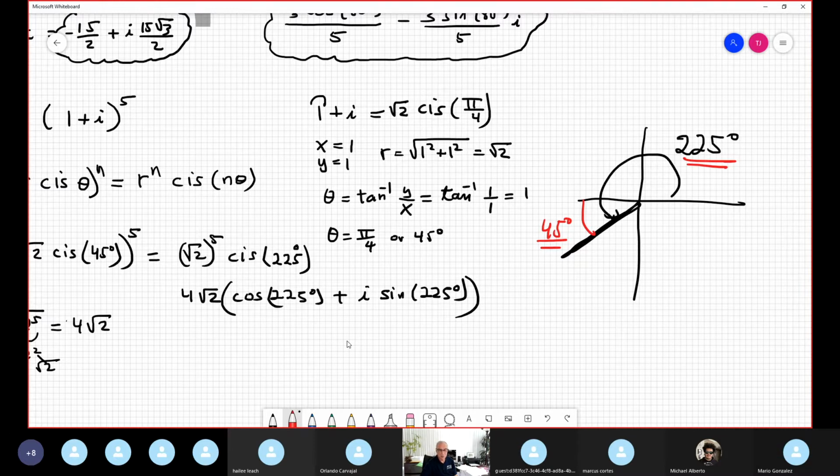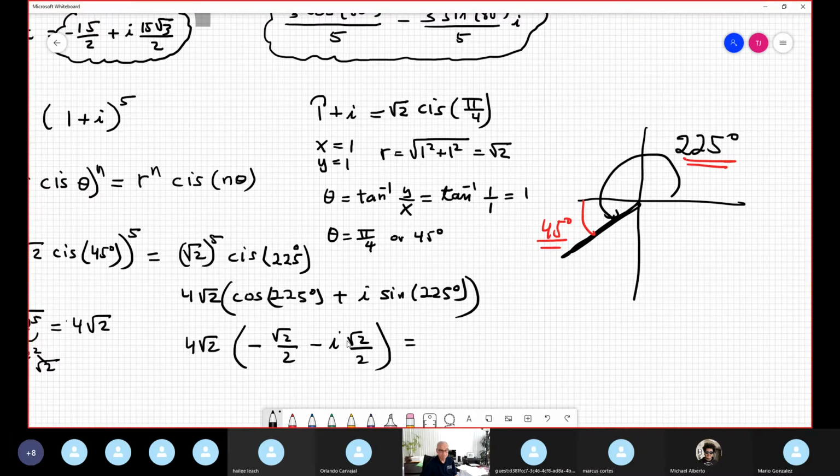Cosine and sine in the third quadrant are both negative. I know very well that cosine and sine of 45 degrees are radical 2 over 2. So we have 4 radical 2 times negative radical 2 over 2, minus I radical 2 over 2.